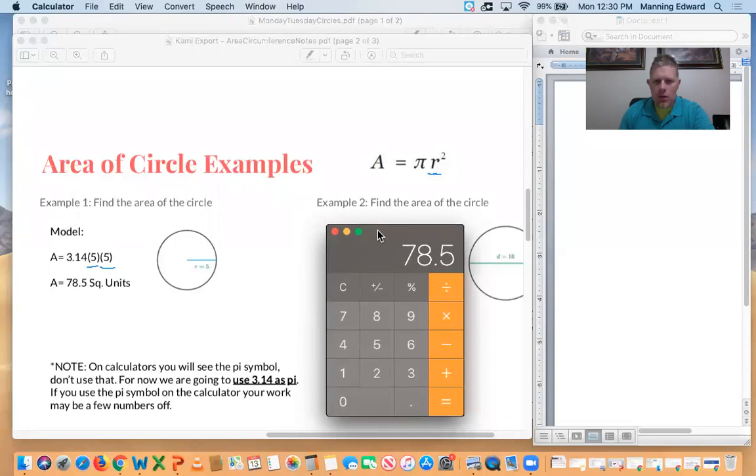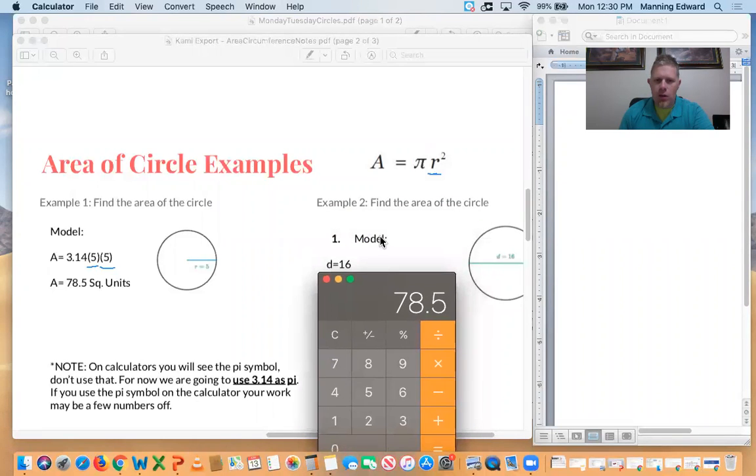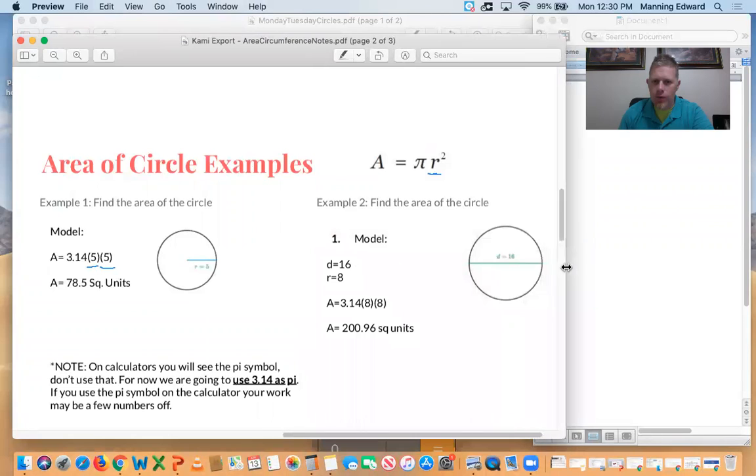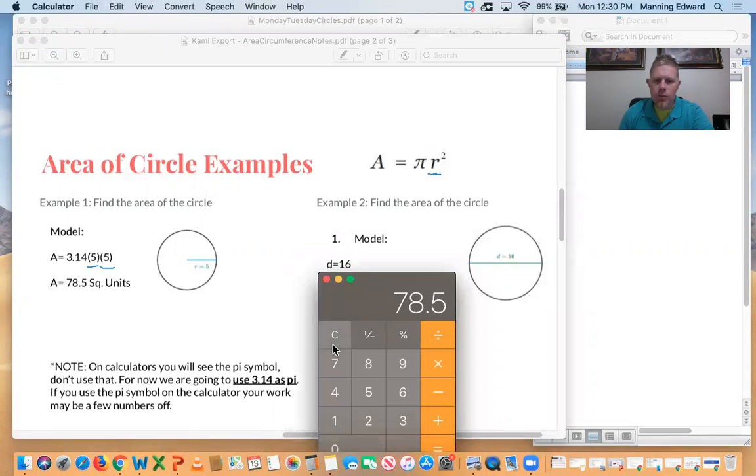All right, let's take a look at the next one. So we have a diameter of 16. Well, if you guys remember, diameter is 16, that means my radius would be half of it.